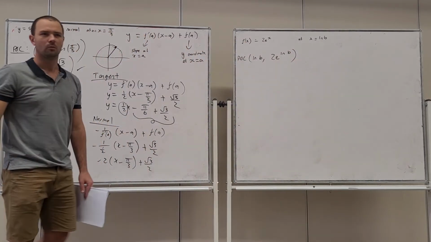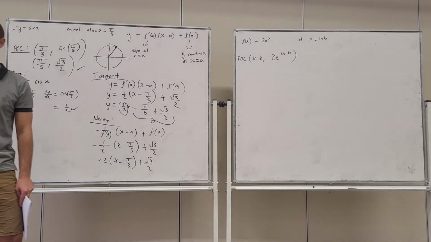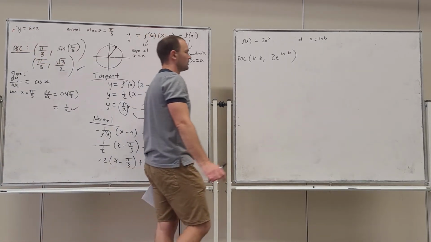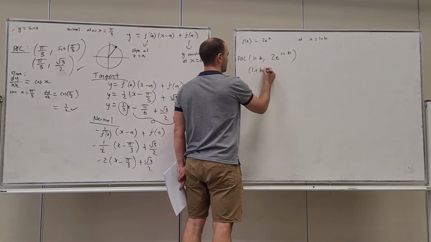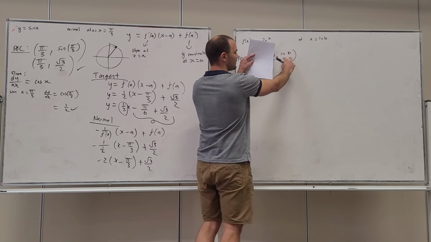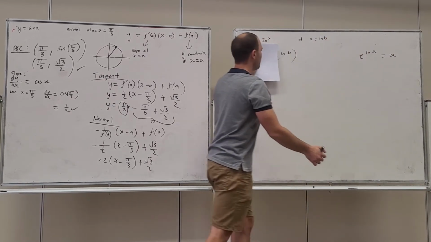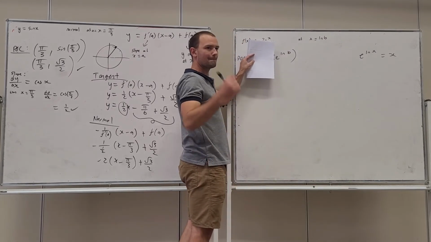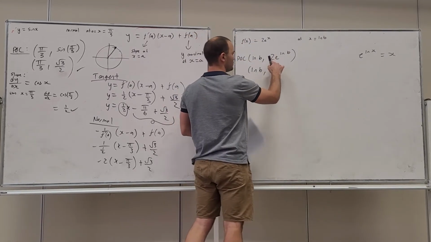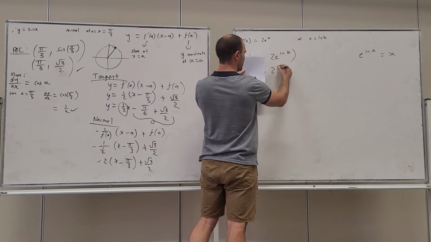Alright, what does that simplify to? e to the ln of x equals x, so e to the ln of b equals b. So that 2 is just hanging out, e to the ln b is b.